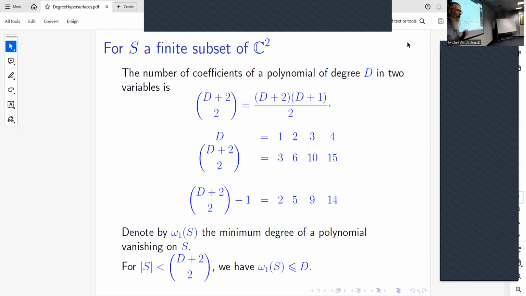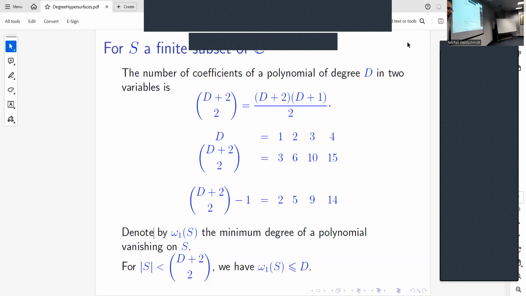Let me come back to this sequence of numbers, which was 2, 5, 9. They come as follows. If you count the number of coefficients of a polynomial of degree at most d in n variables, you find a binomial coefficient. For 2 variables and d equal 1, 2, 3, 4, it's 3, 6, 10, 15.